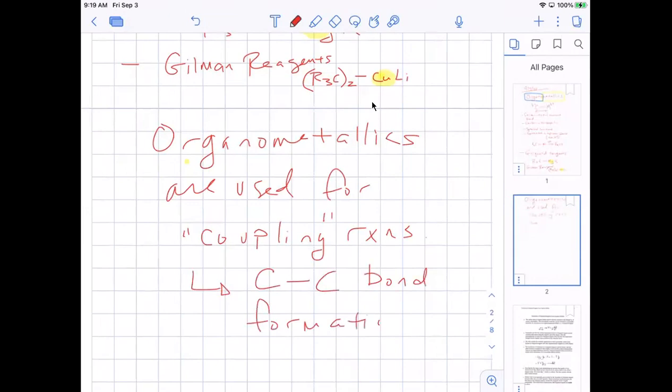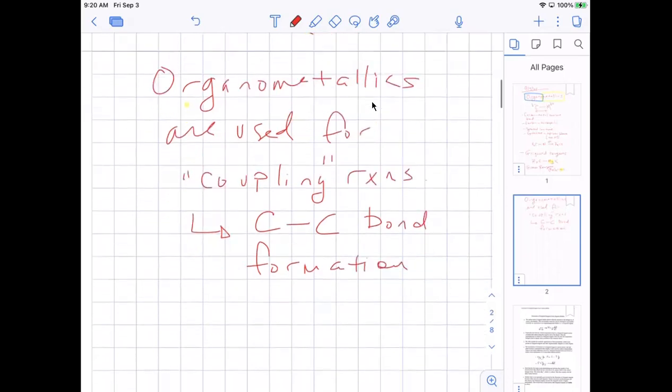And this is a really powerful class of reactions, and you'll be hard pressed to find any synthesis of any natural product or any compound that doesn't make use of at least one step where you have some type of organometallic coupling. Maybe it's not a Grignard or a Gilman, but there are also catalytic methods to make carbon-carbon bonds. So you'll be hard pressed to find any organic synthesis of any type of natural product or large molecule or macromolecule where you don't have at least one of these types of reactions used, right?